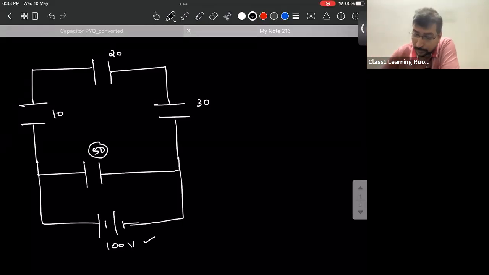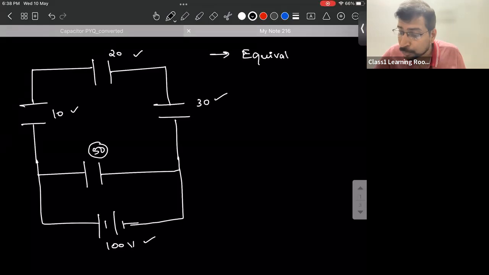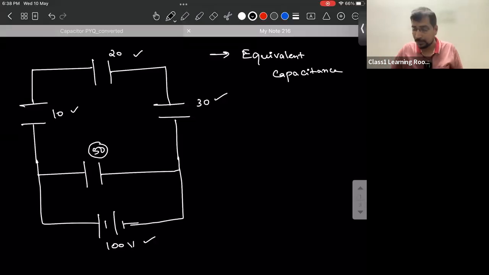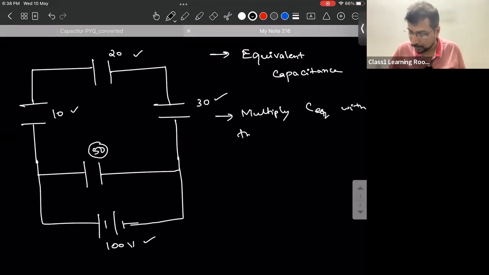What you need to do is first find the equivalent capacitance. So step one is this. I have given steps also. Check your notes. First find the equivalent capacitance. After you find the equivalent capacitance, multiply C equivalent with the battery voltage.